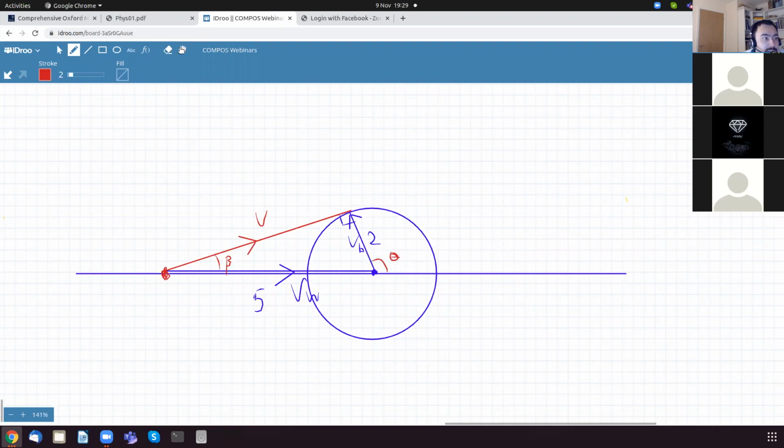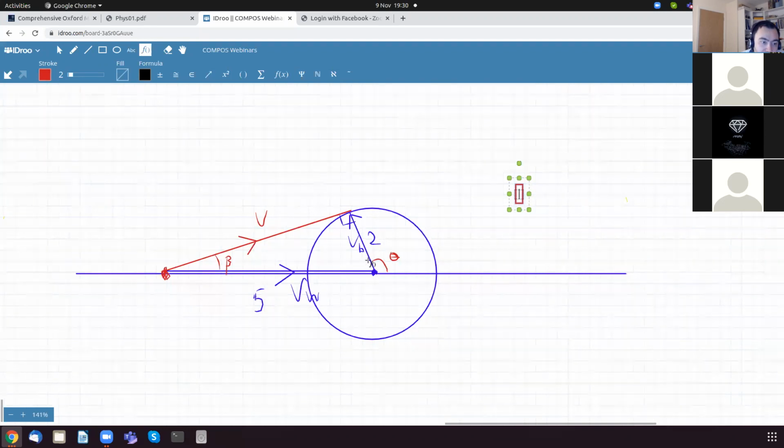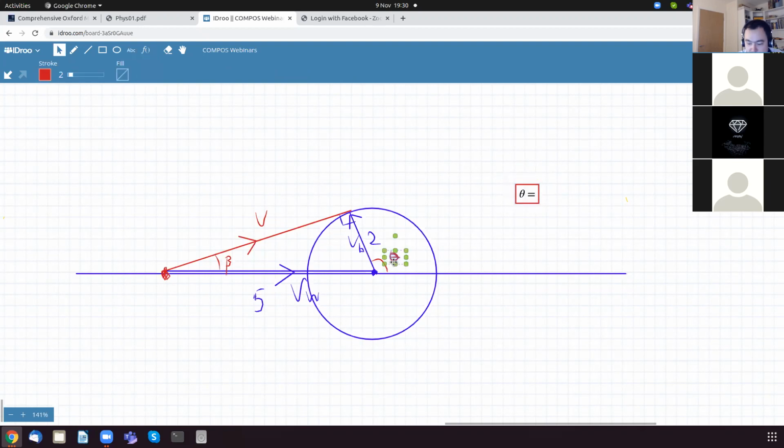Find this angle, and this angle is arc cos 2/5.